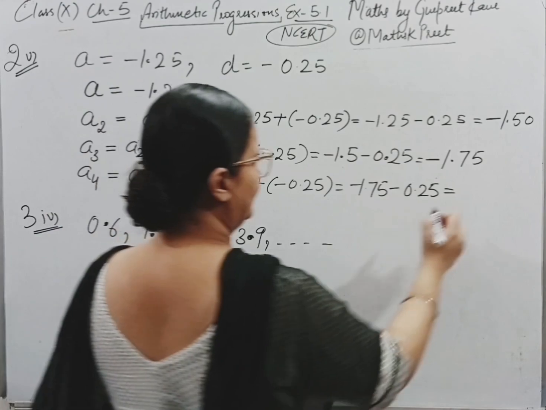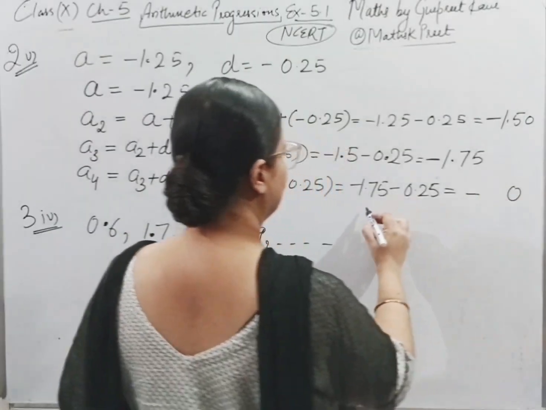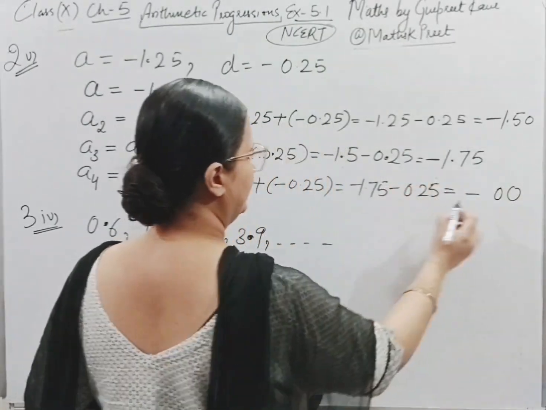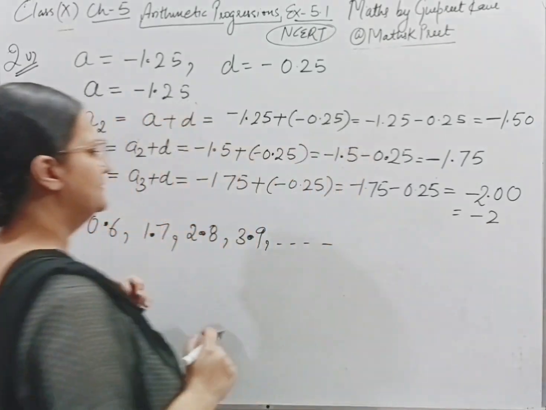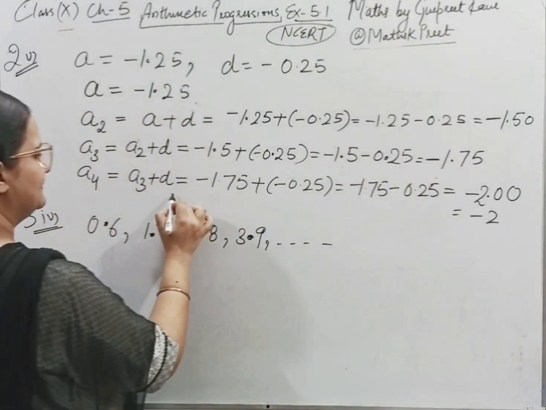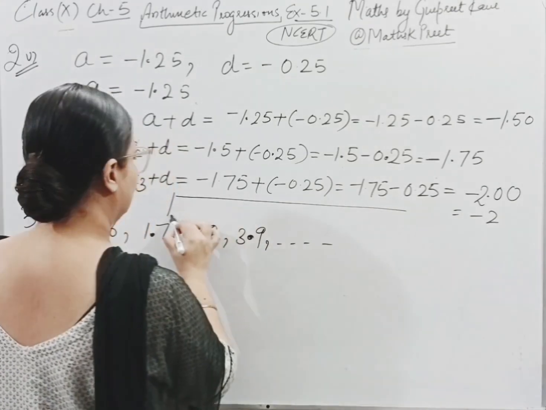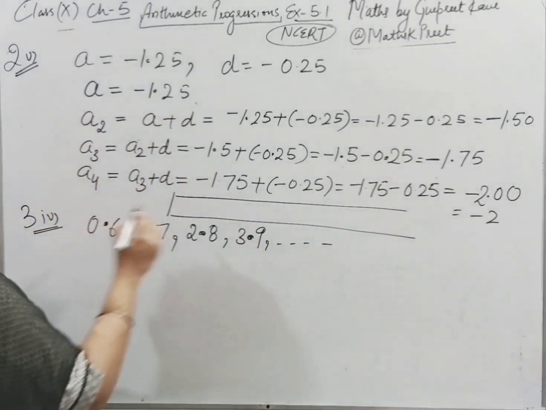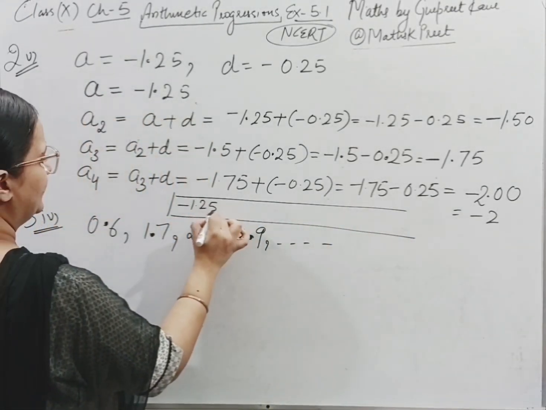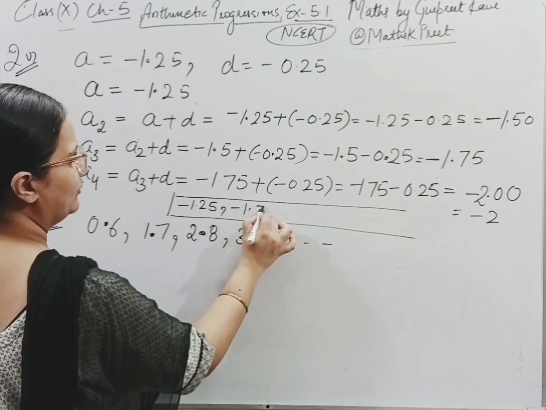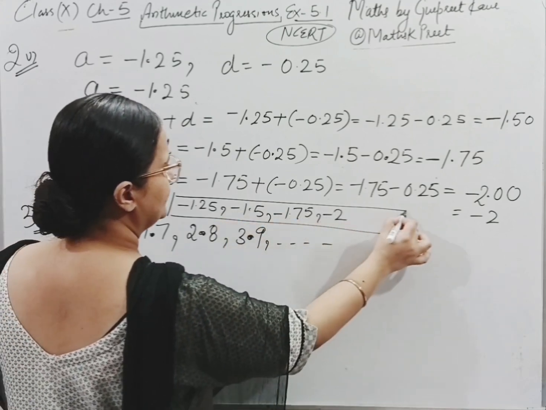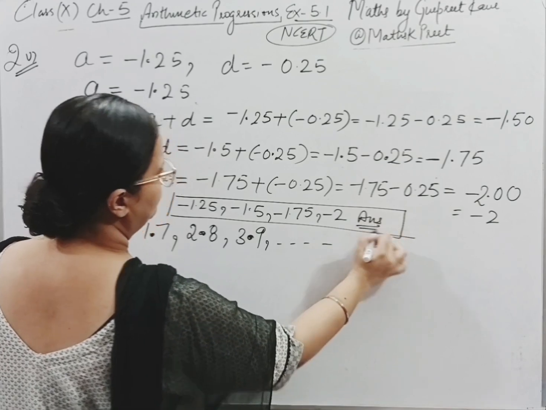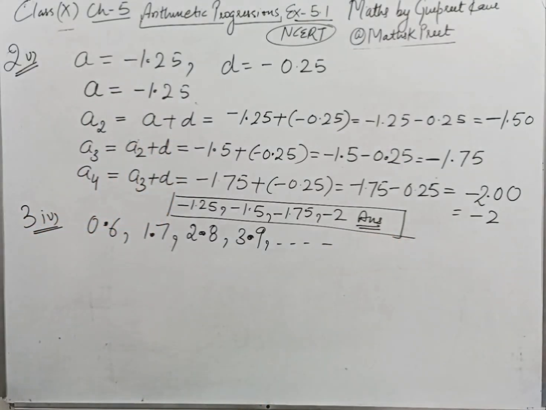So I'll get minus 2.00, so I'm getting minus 2. So these are the first 4 terms of the sequence. You can write it as A is minus 1.25, A2 is minus 1.5, minus 1.75, then minus 2. These are the first 4 terms of the sequence, and this is the answer.